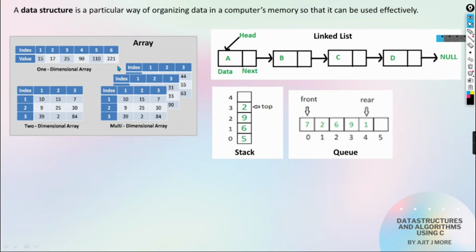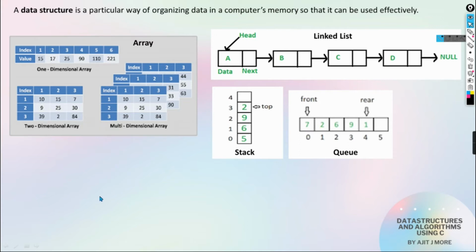They don't have a one-to-many relation, only a one-to-one relation. Everyone is kept in a sequential manner. But there are some data structures which are related to each other not in a one-to-one relation. They are called non-linear data structures, where one element can be related with many.